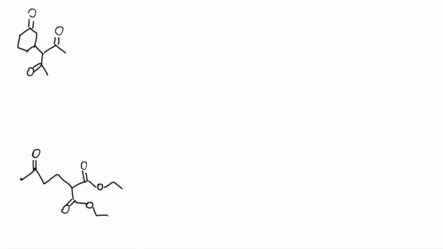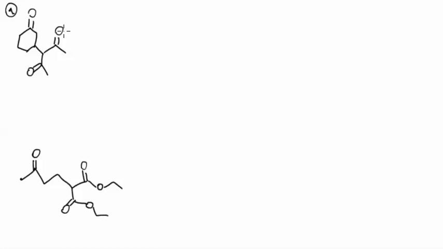So if I take a look at A, I know that I'm going to have some type of dicarbonyl group as one of my pieces, and the other piece is going to have to be a carbonyl with a double bond in it. So the very first thing I do is look for two carbonyls that are separated by a carbon, because that's going to be one of the pieces of the puzzle.